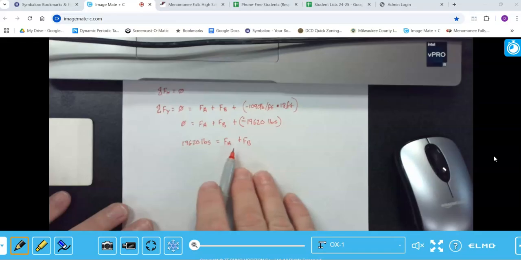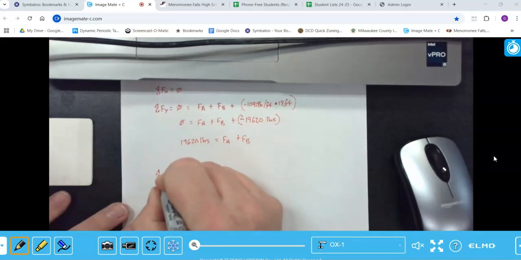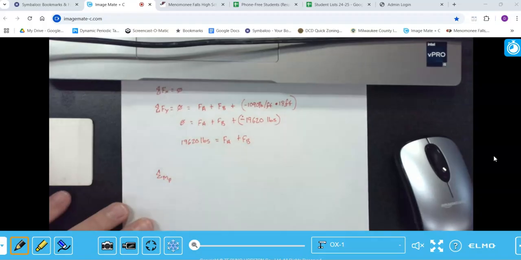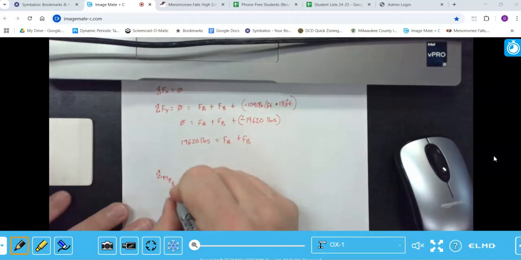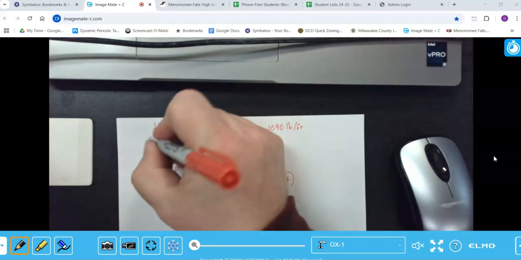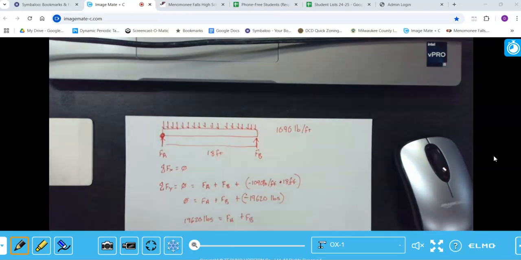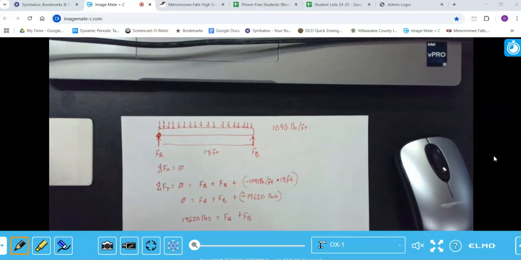If I don't know how to solve for A or B, I'm going to leave a little room, and I am going to sum all of the moments around a point, and the point I'm choosing is A. Which means this is going to be my pivot point. So all of these things, when I sum them, still have to be equal to 0.